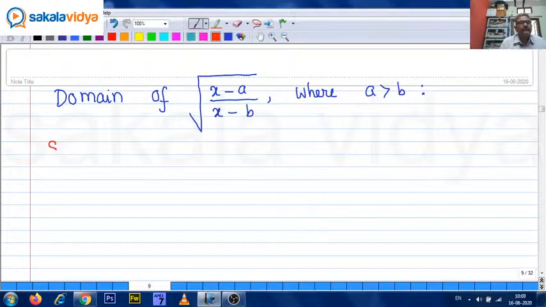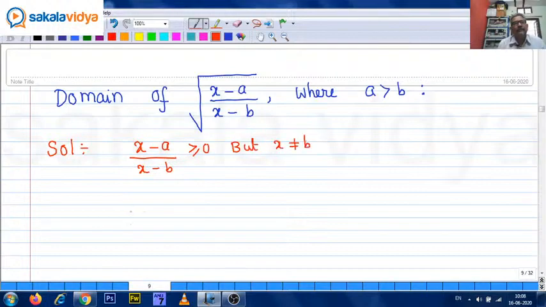Solution. For the domain we have x minus a upon x minus b greater than or equal to 0. But one condition: x does not equal b. Multiply both numerator and denominator on the left-hand side by x minus b. We get x minus a into x minus b upon x minus b whole square, greater than or equal to 0.